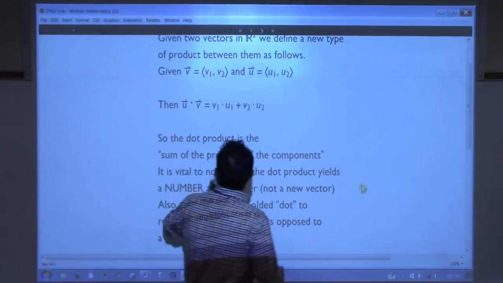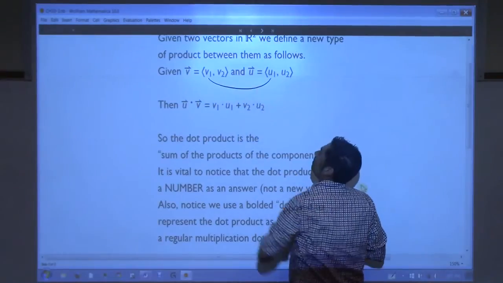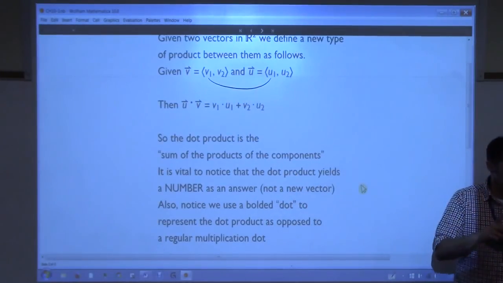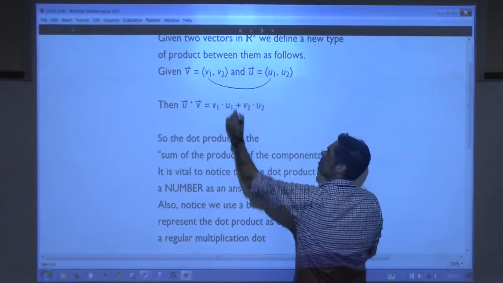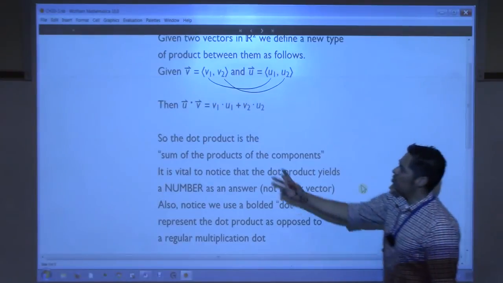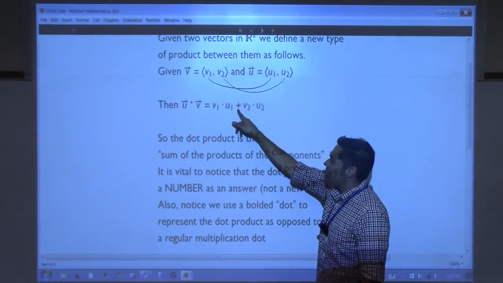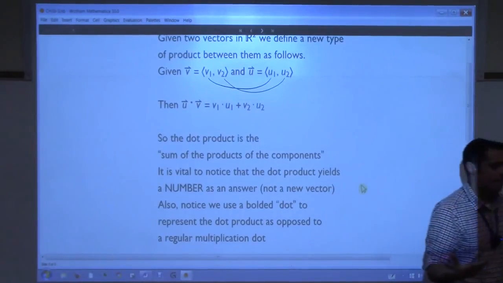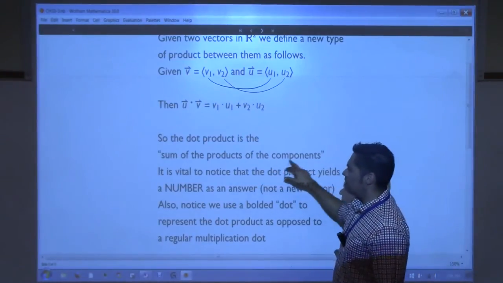So all you're doing, I want you to see this, is you're multiplying the first components together, and then you're adding to that the second components multiplied together. So you're taking two numbers, multiplying them, two numbers, multiplying them, and then adding them. So the answer should be a what? A number, right? The dot product is the sum of the products of the components.